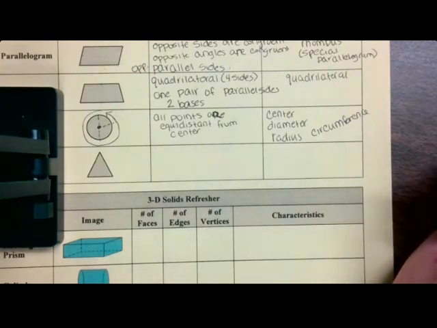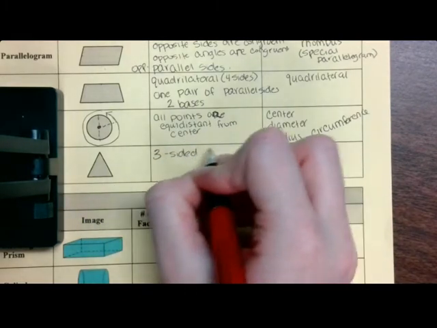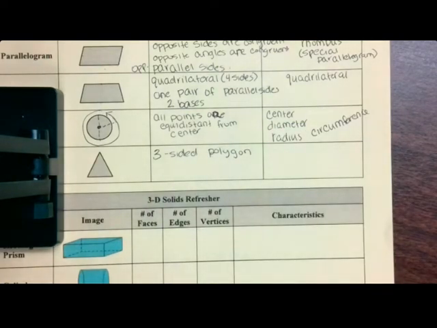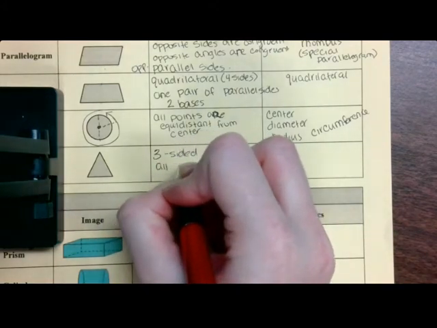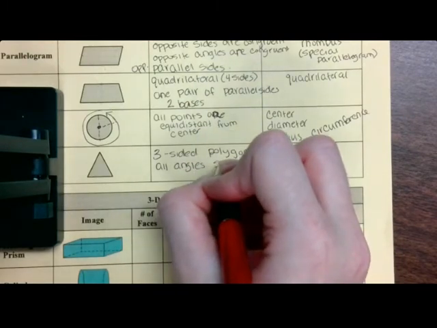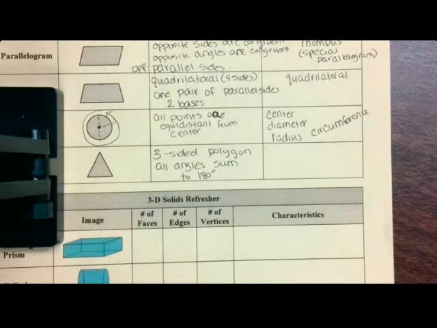So the last one is a triangle. So it is a three-sided polygon. And polygon is just a fancy word for saying that it's a figure that's an enclosed shape, has vertices and sides. Okay? So it's a three-sided polygon, and it's special because all angles sum to 180 degrees. Okay?